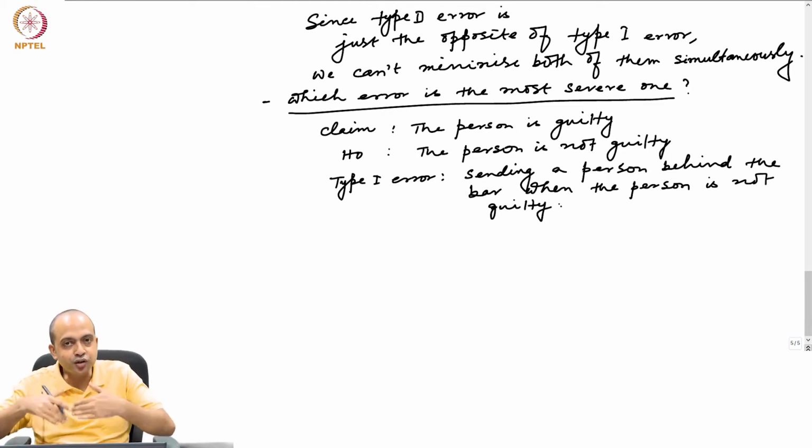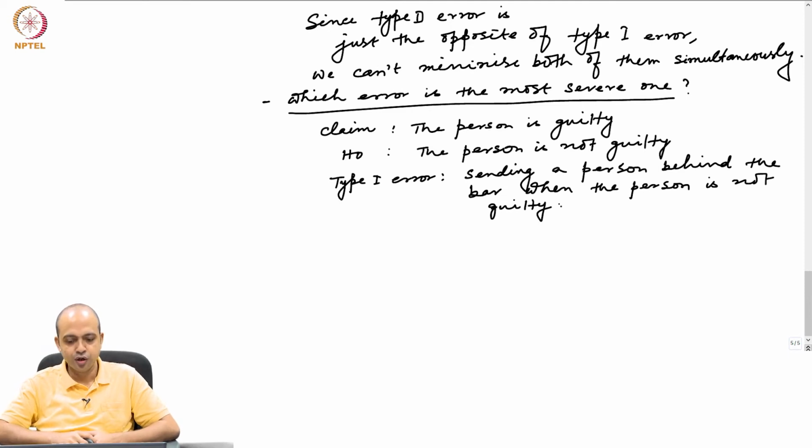So, you are sending an innocent person behind the bar when you are committing type 1 error.